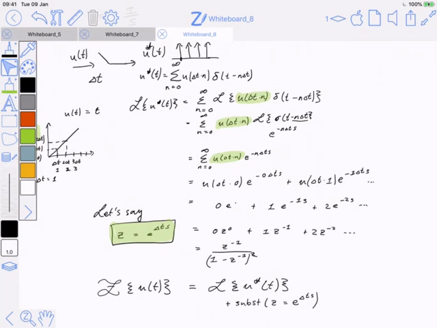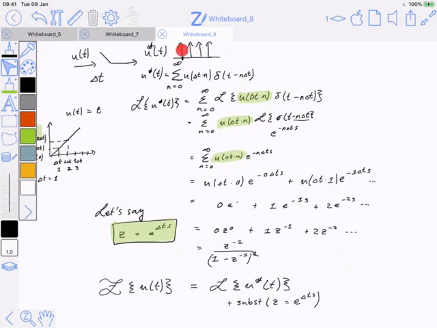Does that make sense from this definition? So we have each one of these little spiky things that I've drawn here is one of these deltas, right? It's moved up, time shifted by n delta. So you can kind of say that's the 0 one, that's the 1 one, that's the 2 one, and so on.